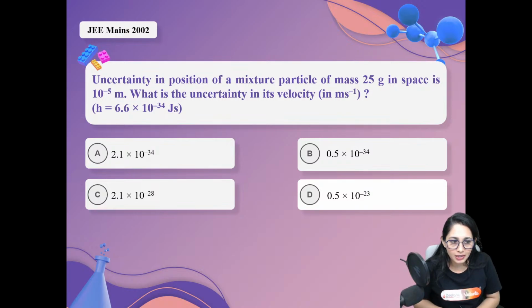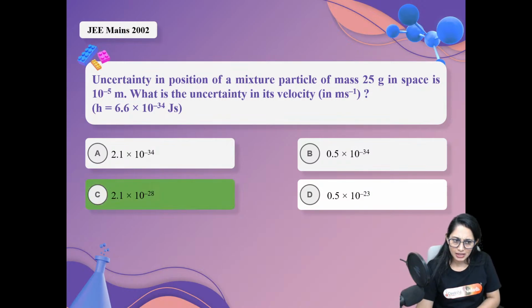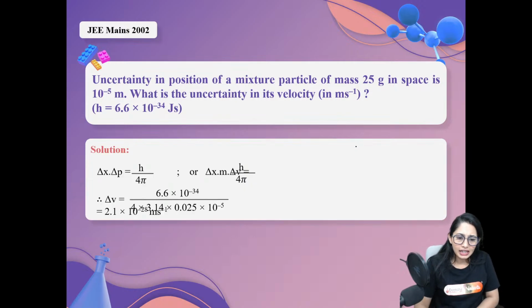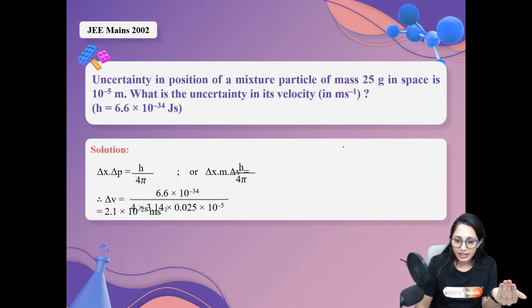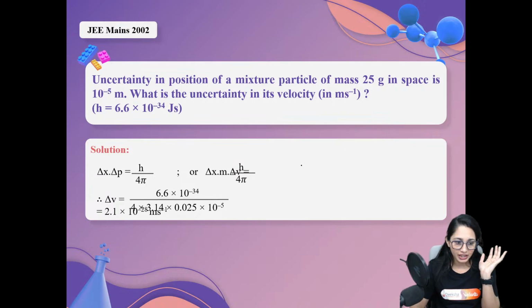Option D is the right answer. Calculate it. It's very simple. See, delta x into delta p is equal to h by 4 pi. What they have given here: h we already know, the value of pi we already know. The uncertainty in position of a particle of mass 25 grams.